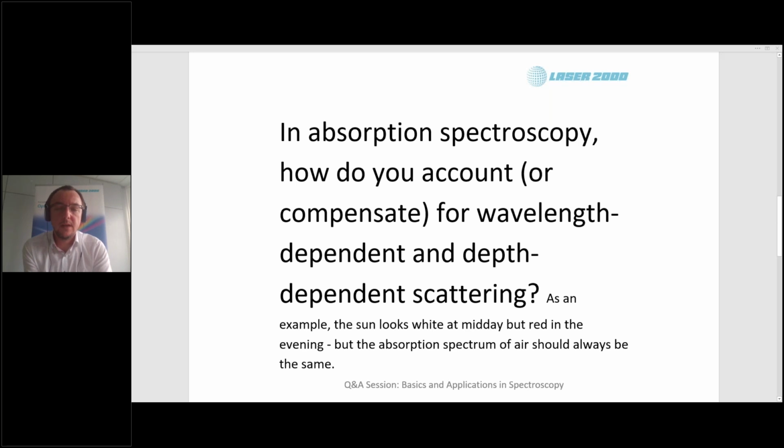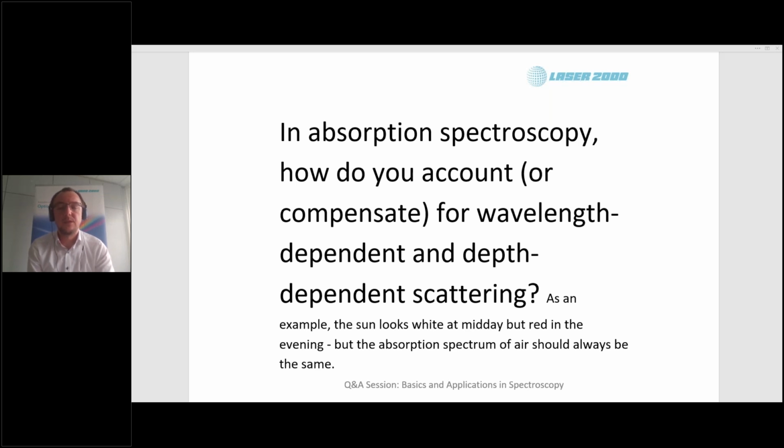The sun looks white at midday because it shines nearly vertically, simplified, and especially with that incident angle, you don't have that much difference between the air layers, and therefore not that much dispersion and scattering issues.